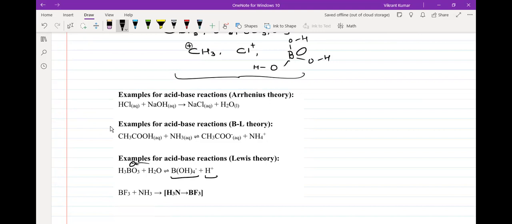Or we can say BF3 has a vacant orbital, and NH3 has a lone pair. They will form a coordinate bond. Molecules formed by the combination of two molecules through a coordinate bond are also called adducts. Okay, that's one extra part.